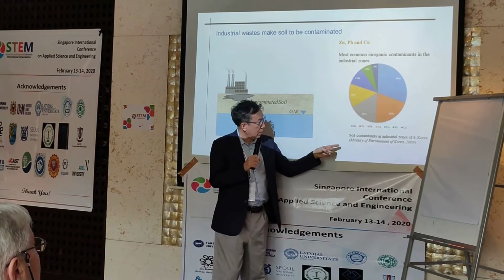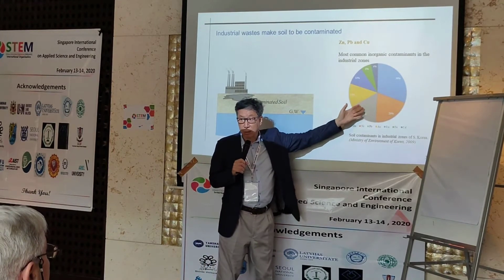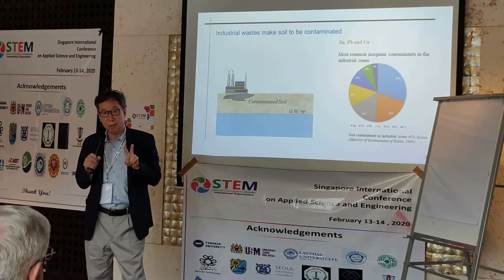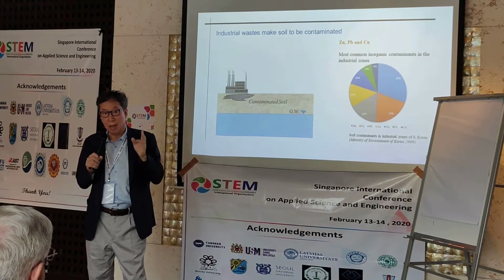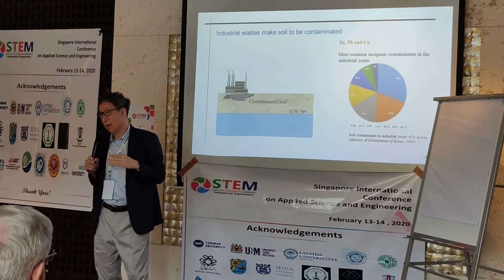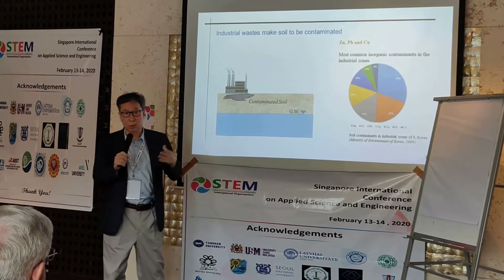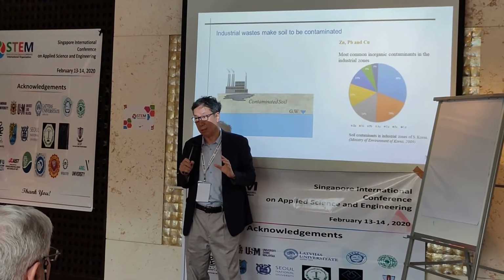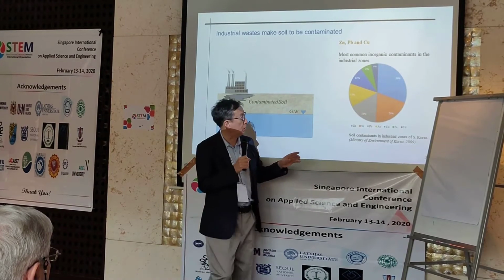When I look at the contaminants, they can be classified mainly into two different categories. They are heavy metals, like this, and also organic compounds like phenols and PCBs and all those organic compounds. But today I'm just talking about the heavy metals, the inorganic compounds.